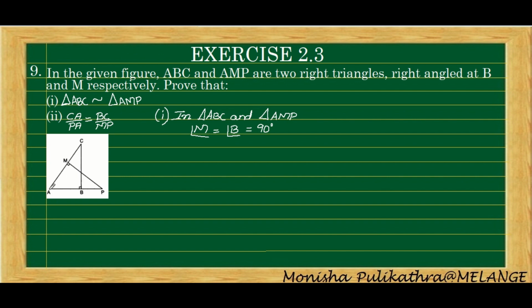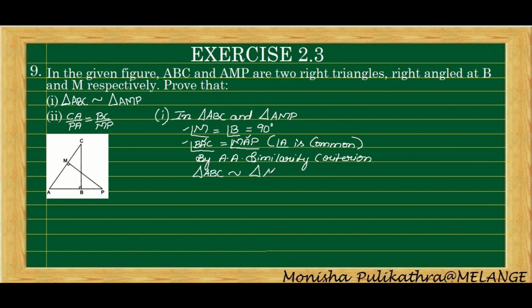In ABC there is angle A, and in AMP also there is angle A. So angle BAC is equal to angle MAP, because both have this common angle A. Since two angles are the same in the two triangles, by the AA similarity criterion, that is the angle similarity criterion, we can prove that triangle ABC is similar to triangle AMP. Then we have proved the first case here.